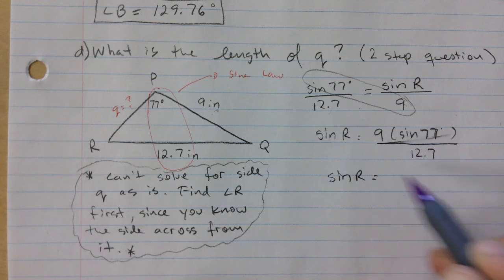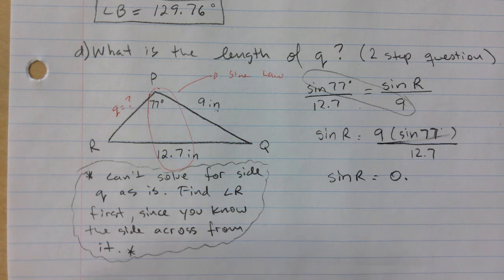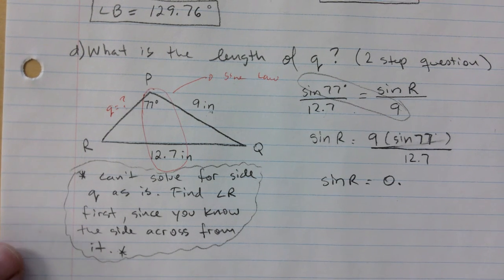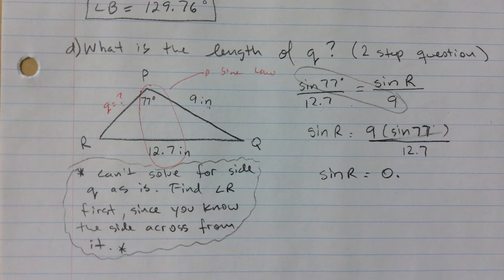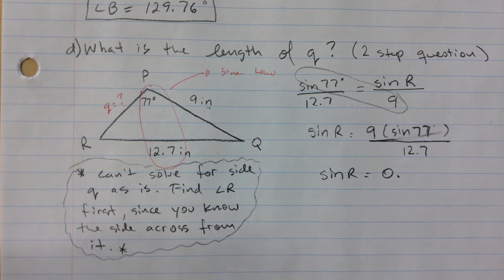Sine of R is going to be 0 point something, right? Mr. Dirksen told me I'm expecting a 0 point something there. Let's see if that works out. And it does.